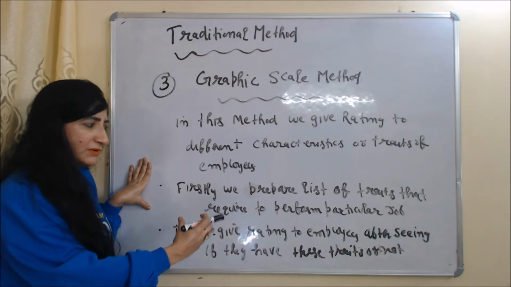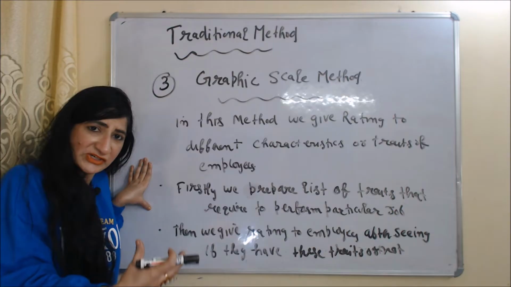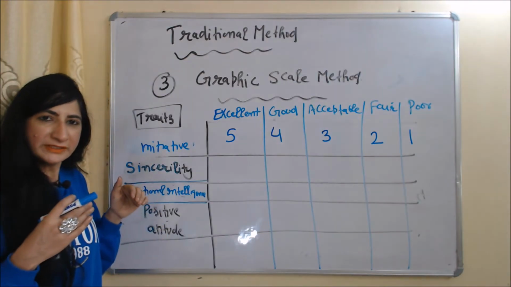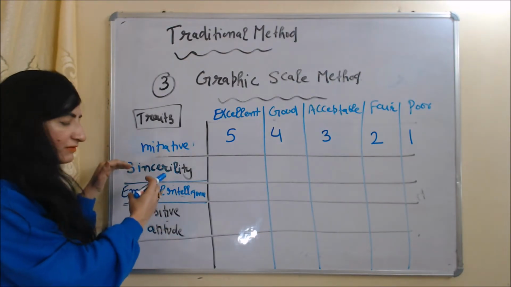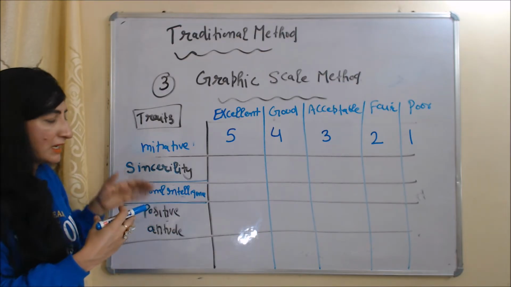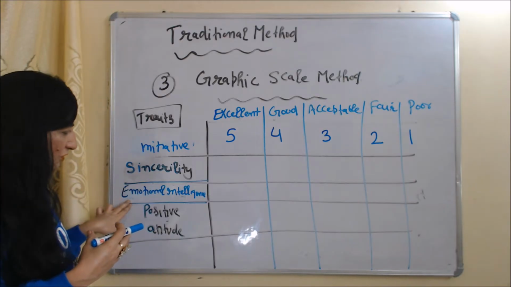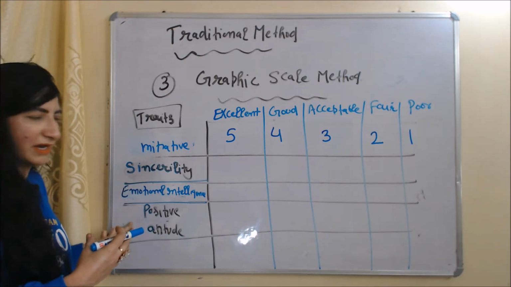After that, we give rating to employees after seeing if they have these traits or not. For example, here we have a list of traits required to perform a particular job, and the traits are initiative, sincerity, emotional intelligence and positive attitude.